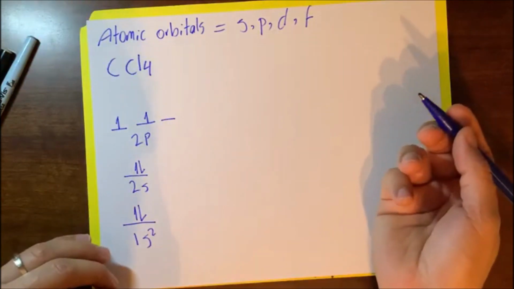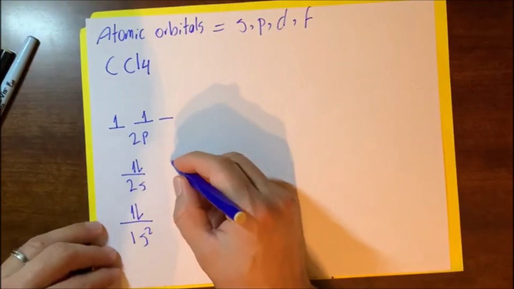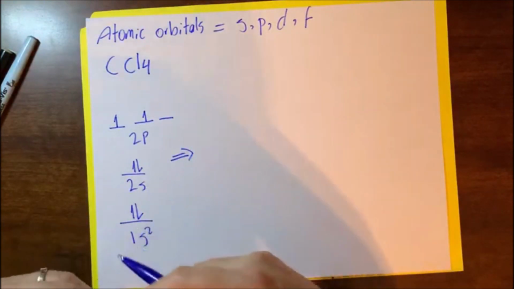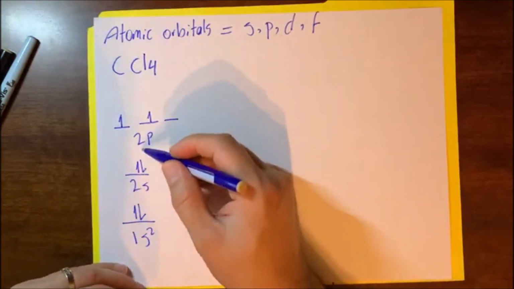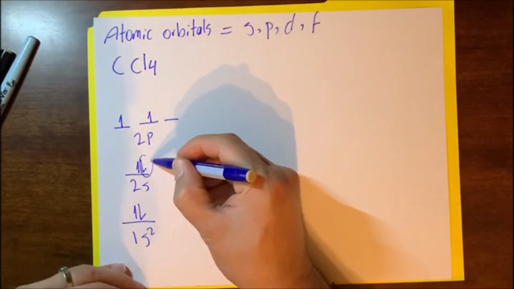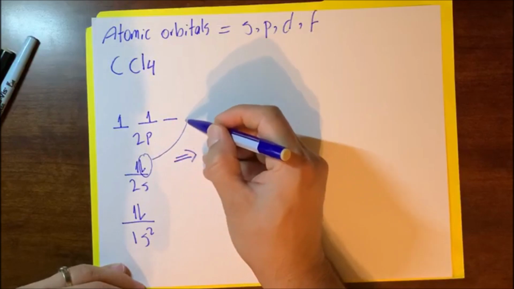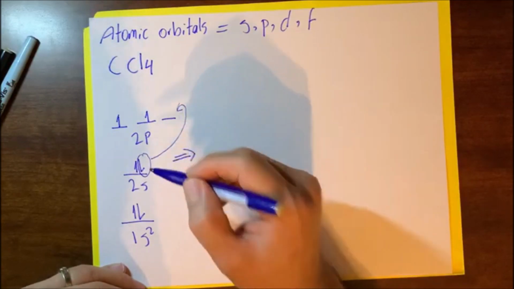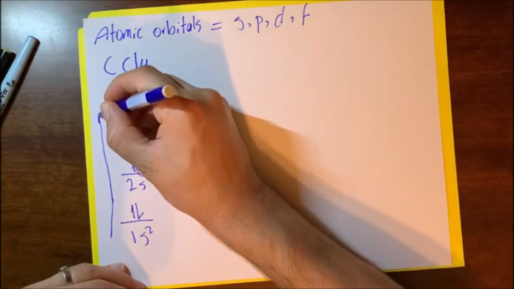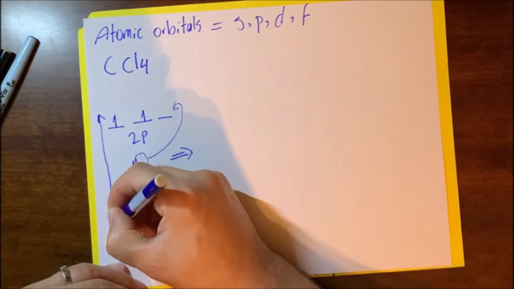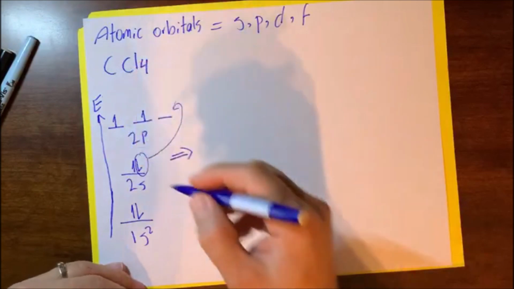And Pauling said, in order to make 4 singly occupied orbitals, you need to take this electron, the one that is pointing down, and shoot it to a higher orbital. Remember, as we go up, energy is increasing.